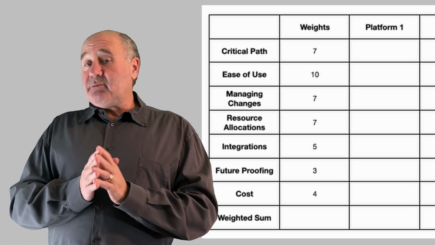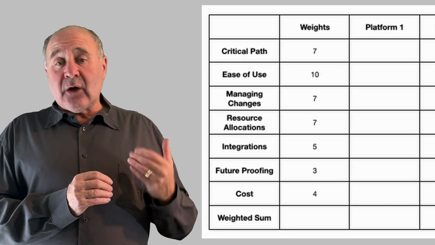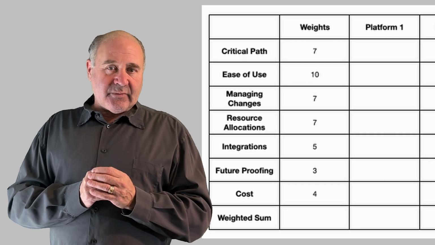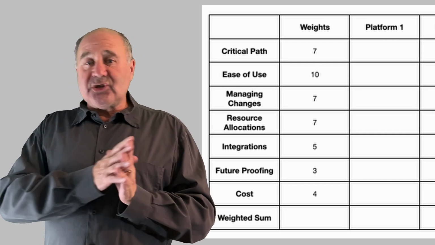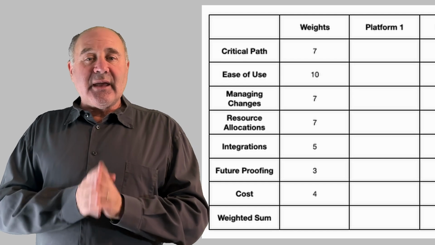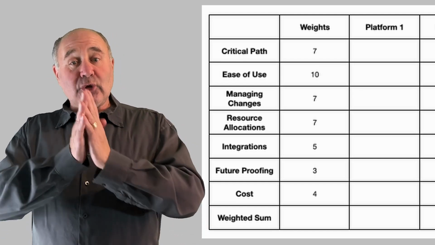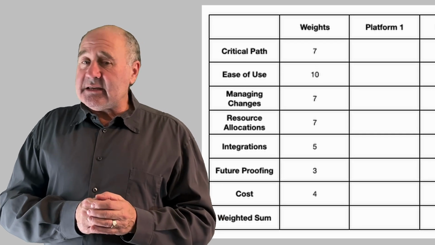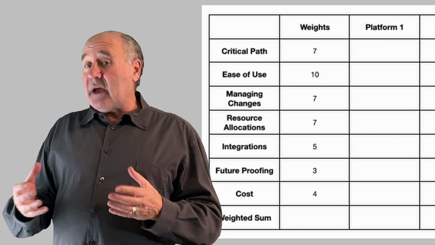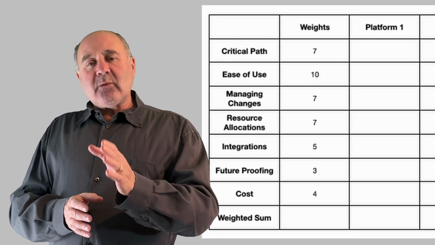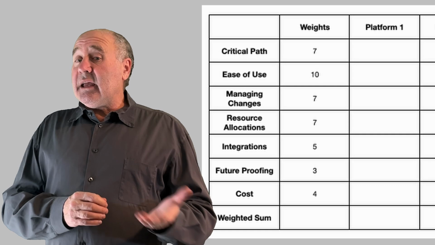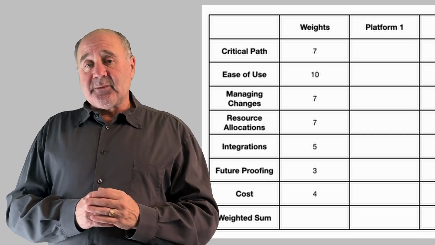Each platform should be scored on a 1 to 10 scale for each issue and the weighted sums calculated. The weights shown here are just an example, but you should think about what weights make sense for your organization. For instance, you might not see much value in integrating with other platforms at this time, so that might receive a lower weight. Or your funds are tight, so you may increase the weight of cost.